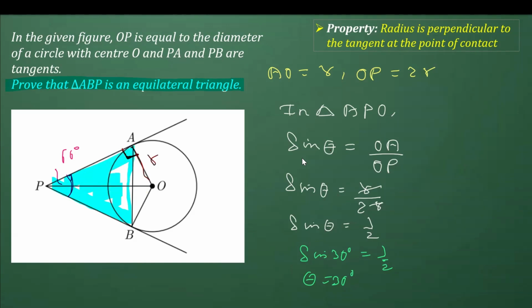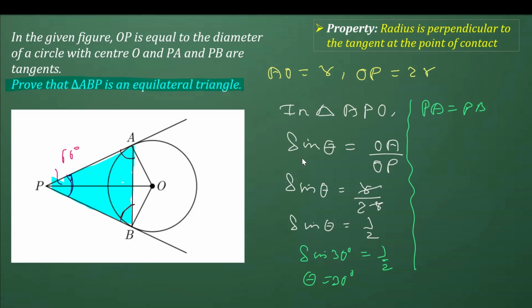Now once again, look into this triangle. Here, it is an isosceles triangle, right? Where PA and PB are tangents. So let's write on this part. PA is equal to PB, right? That is tangents from the same exterior point. So what we know is that in an isosceles triangle, if two sides are equal, then the angles opposite to these sides are also equal. That means we can write this angle is equal to this angle.